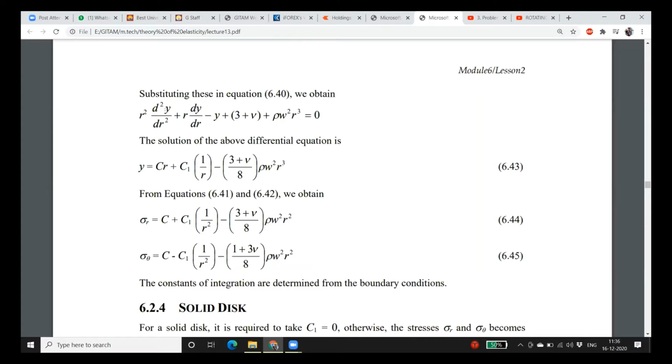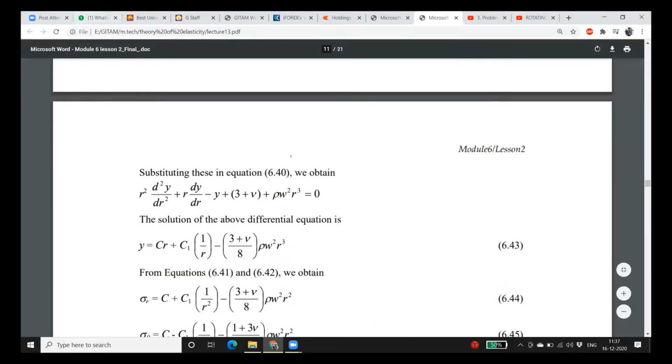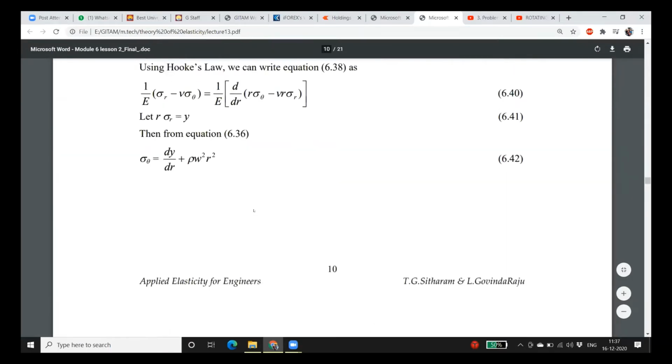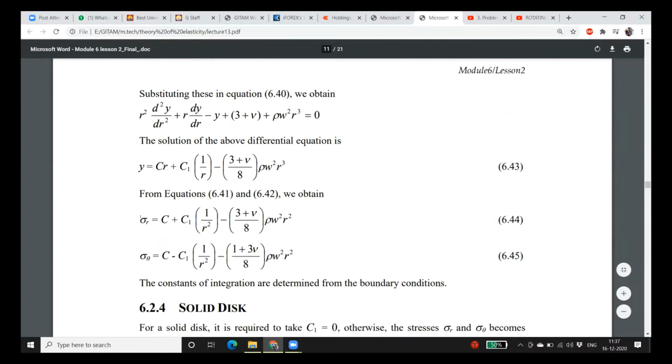So the above one is the differential equation, and the solution for that is y equals this particular equation. Using this y, if you substitute in equations 6.41 and 6.42, given over here at the top, then you will get the final state of stresses, that is σr and σθ.